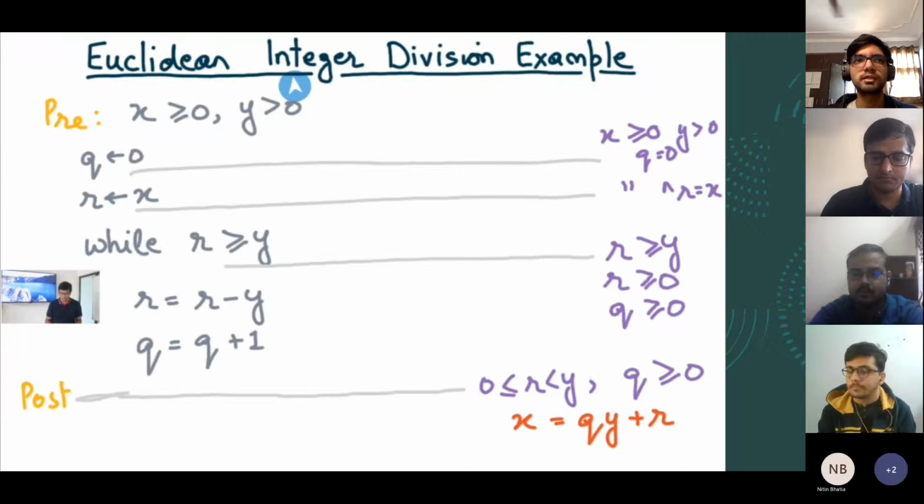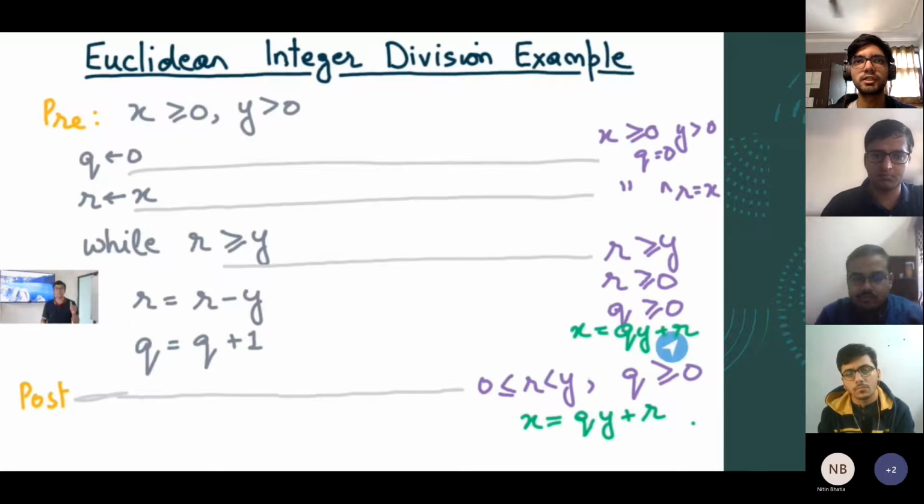Currently, we can only say it for the case when the while loop doesn't run even once, because in that case it is clear that r equals x is less than y, and q is 0, so x is clearly equal to qy plus r. But let's see how we can do it for the case when we enter the while loop. So we may add more conditions here. We may add the condition that x equals qy plus r at the start of the while loop and at the postcondition as well.